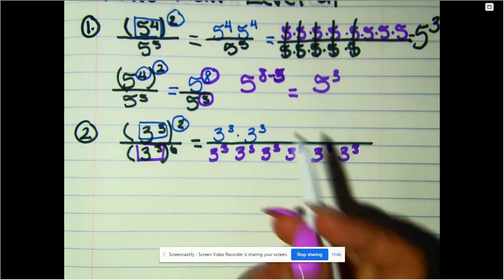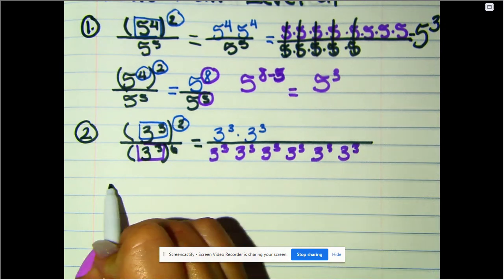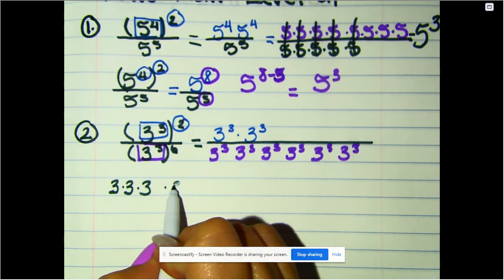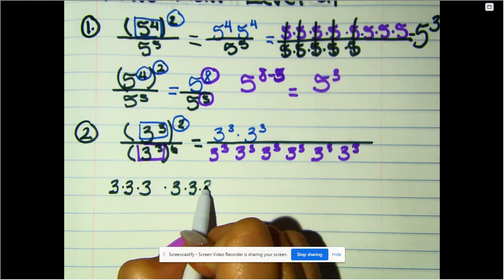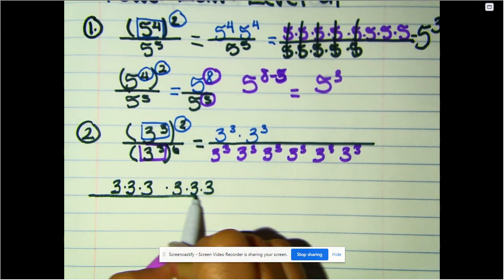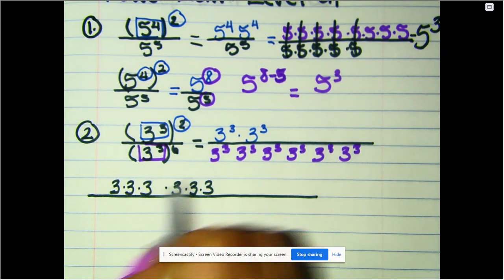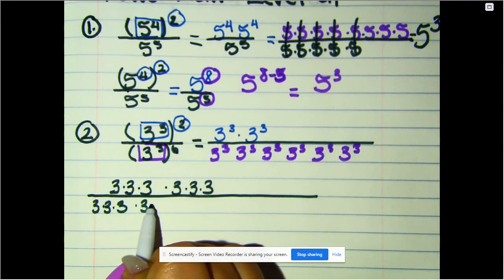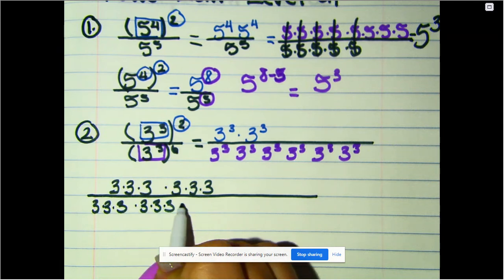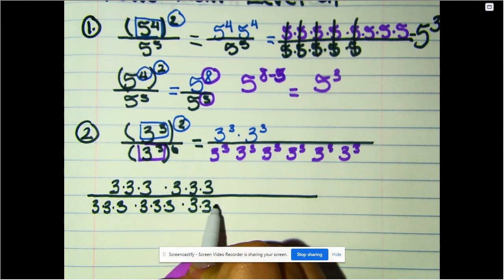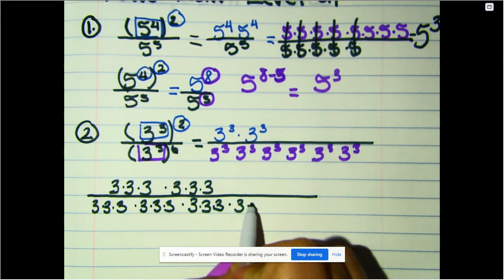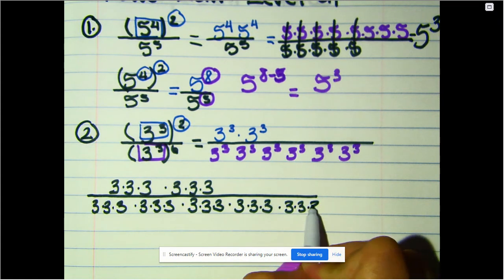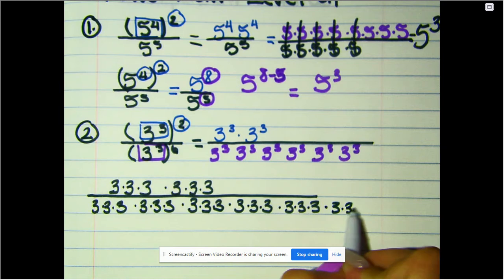Okay, so on the top, I know that I have 3 3s. 1, 2, 3, and another set. And then on the bottom, it's going to be a lot. I know I have a set of 3 3s, another set of 3 3s, a third set of 3 3s, a fourth set, a fifth set, and a sixth set.